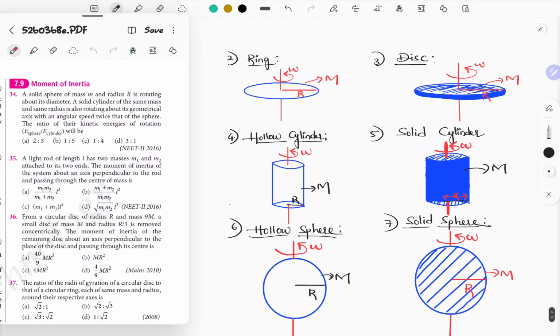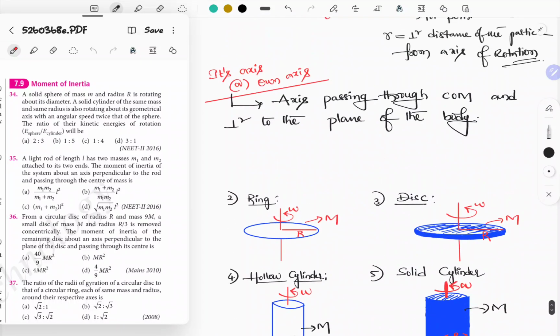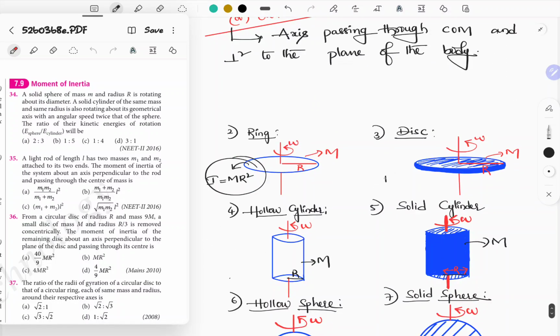Whatever axis I have represented here is called its axis for these objects. For a ring, the moment of inertia I = M r². For a disk, it is going to be M r²/2. So you just have to remember these formulas.